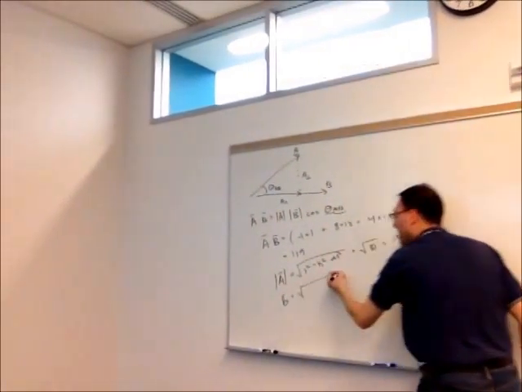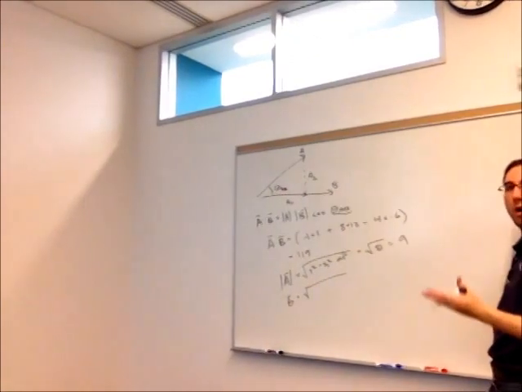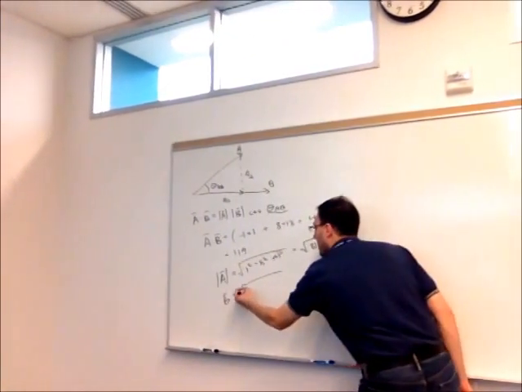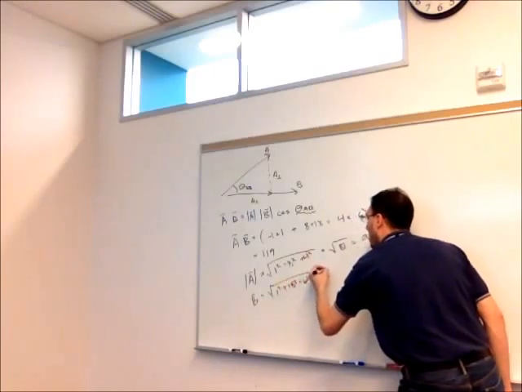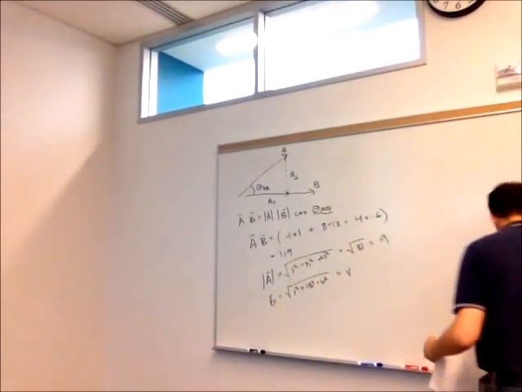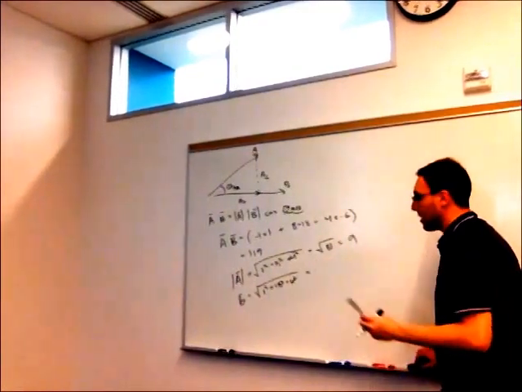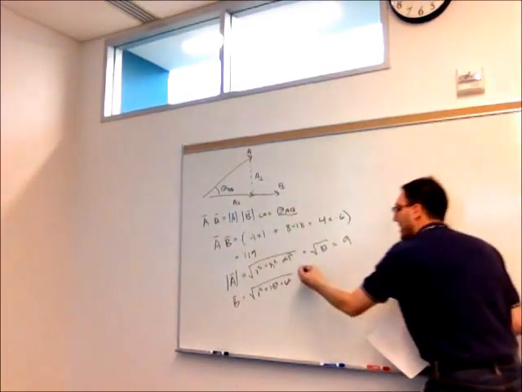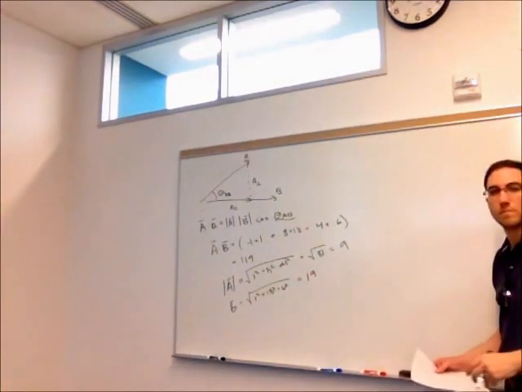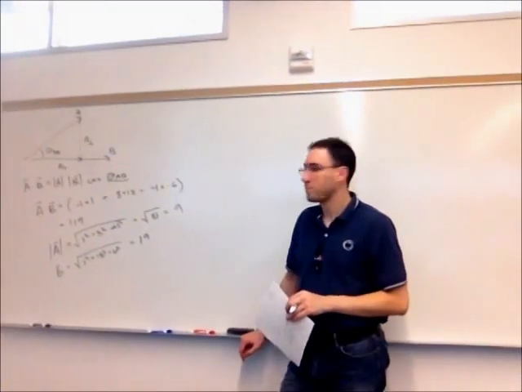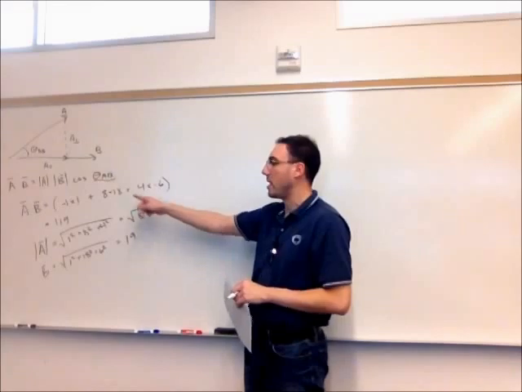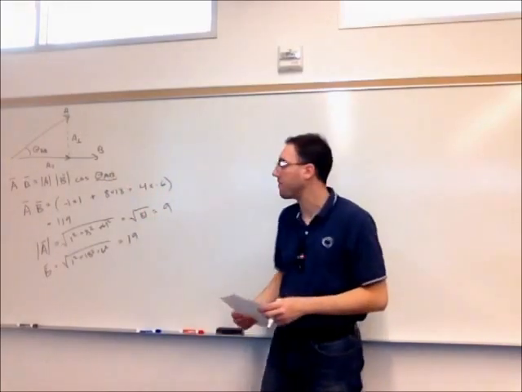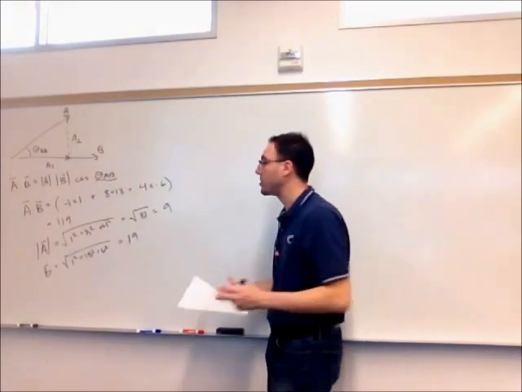Same thing for B. Its components are 1, 18, and 6. So this works out nicely to 19. So we have A dot B, we have magnitude A, magnitude B. Finally, we can find what we were looking for, the angle between these two vectors.